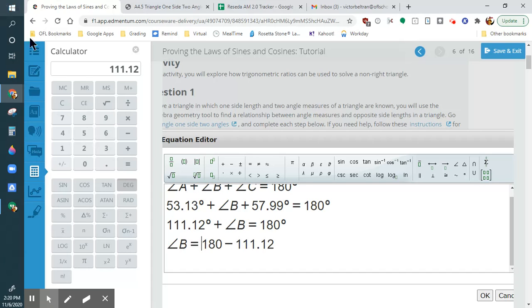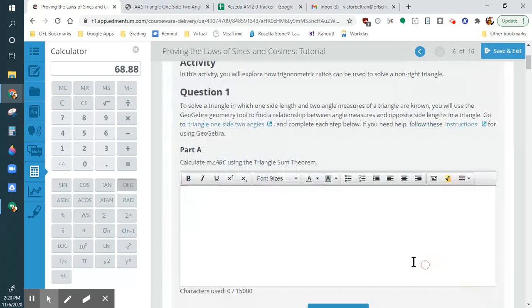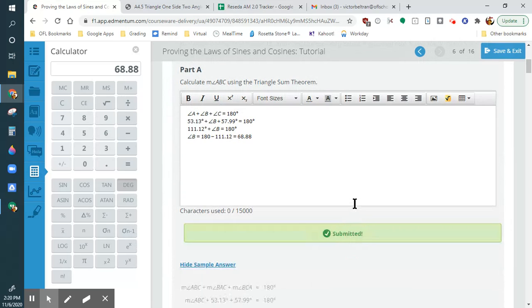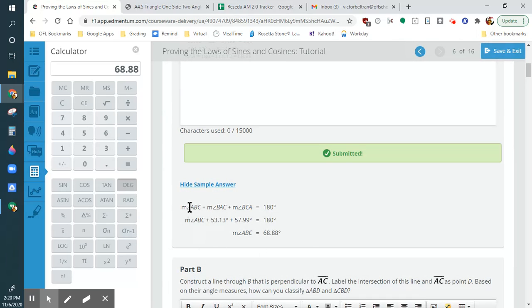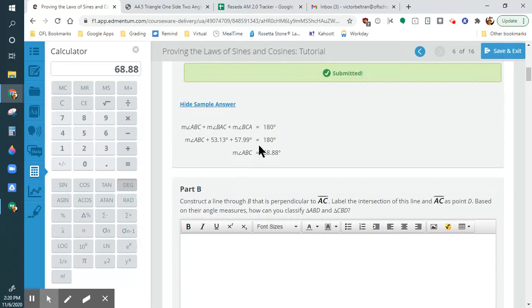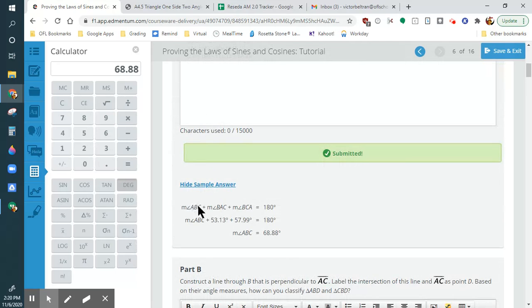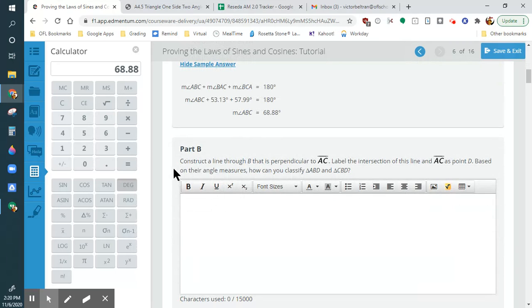We get 180 minus 111.12, which is equal to 68.88. Cool. So that's that part. Can submit that. And it shows us they go more specific with it. I'm just like, it's angle B. We're only dealing with a triangle. We don't need to specify the endpoints.